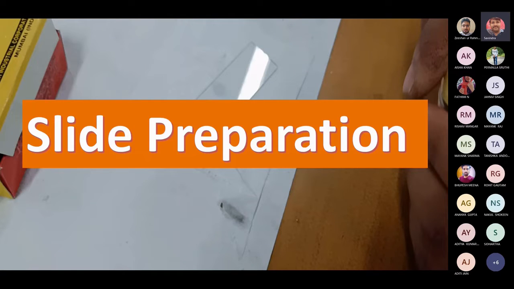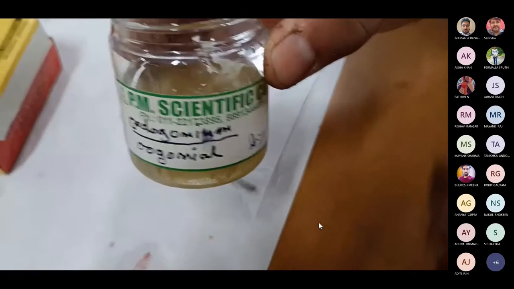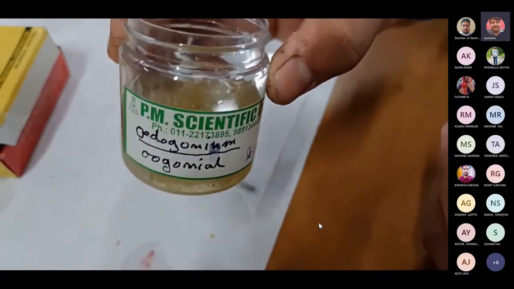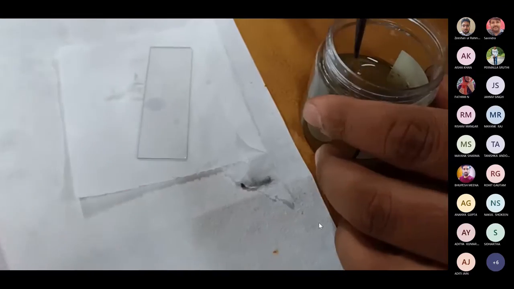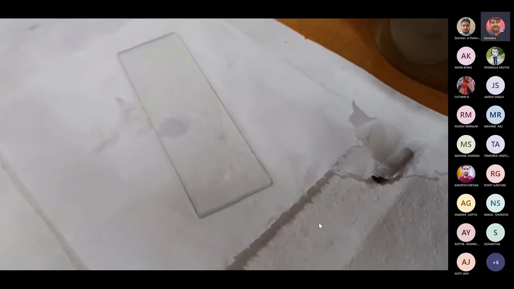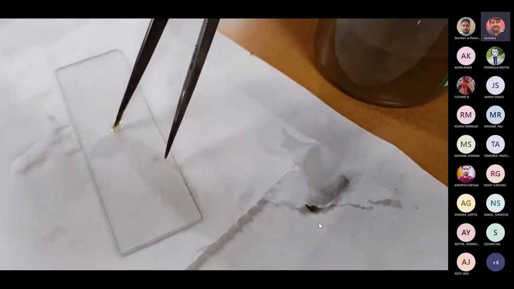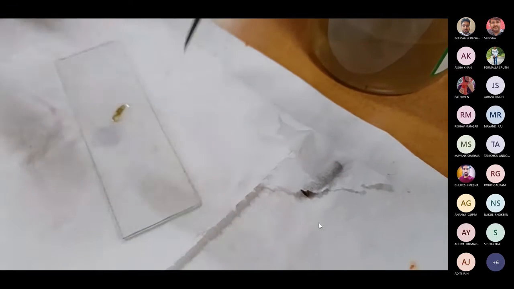Before we start, we should know how to prepare a slide. Last week we prepared the slides in the laboratory, and this is the original material. This is one of the vials in our lab. With the help of forceps, we should take only a small portion of Oedogonium.